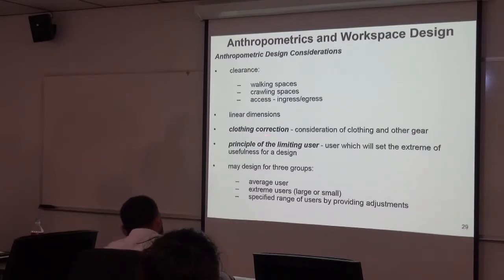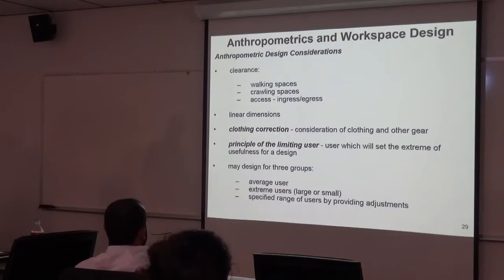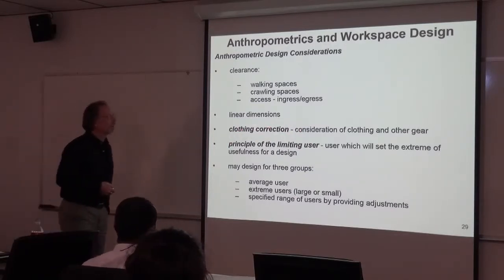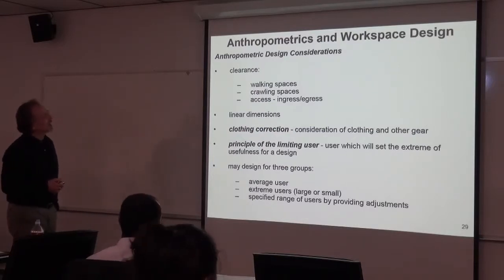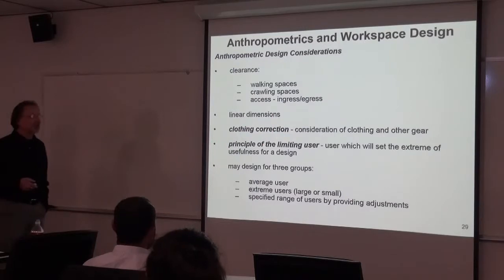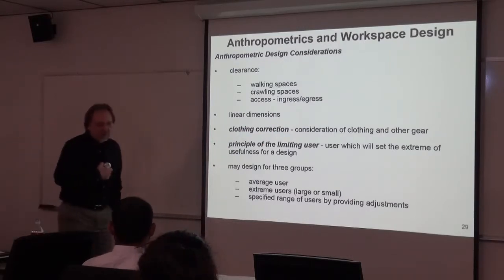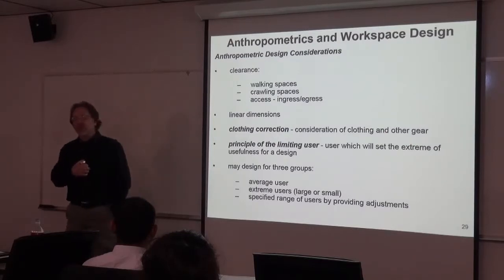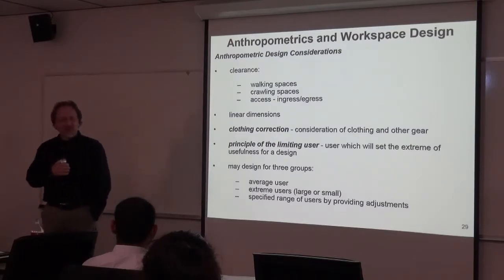What I want you to get out of this is two different ideas. The first one is the idea of a clothing correction. And I want to focus on these two before we talk about everything else. Clothing correction. If you are doing something that requires special clothing, and if you were working in Antarctica, that requires special clothing.